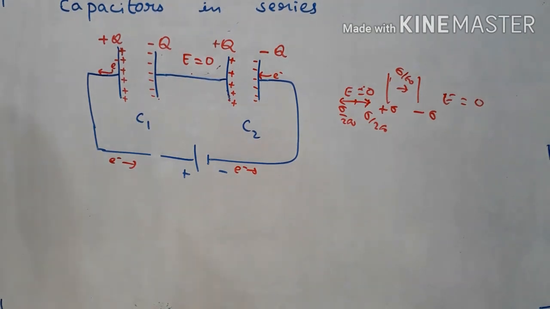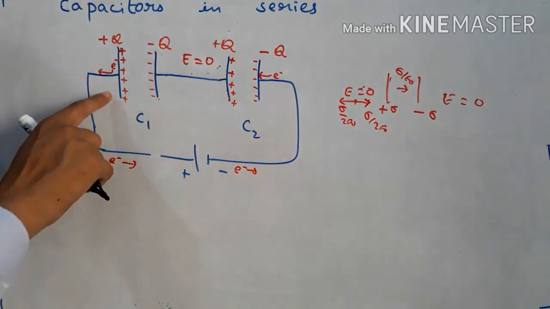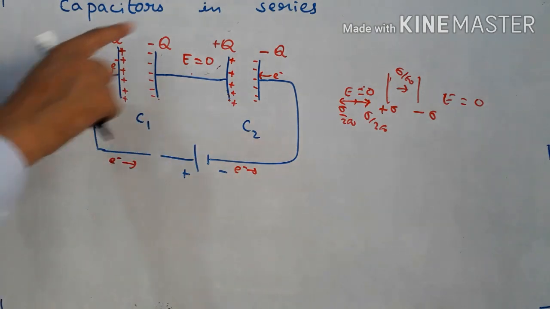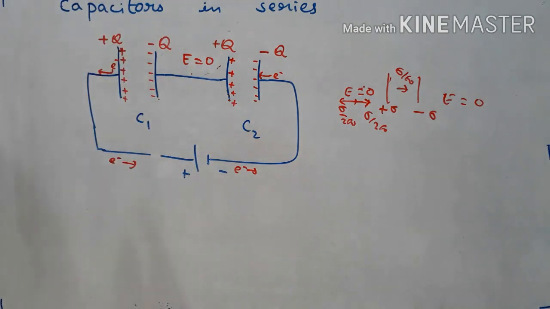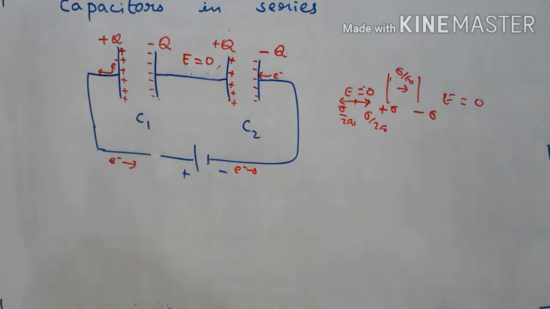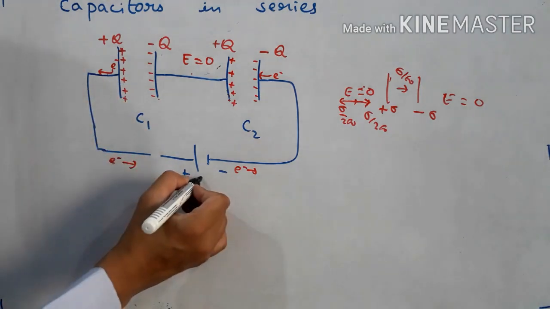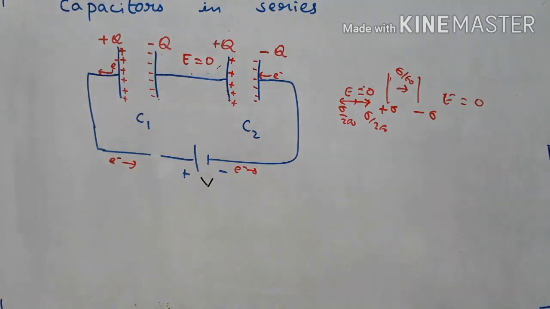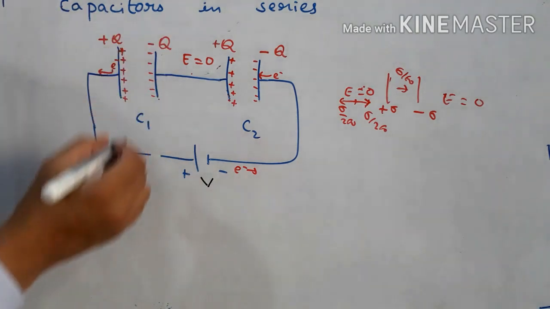So what do we find? That in series combination, charge on each of the capacitor is same, Q, Q. Remember, net charge is 0, but we say this capacitor has charge Q. It is just a matter of terminology. Let V be the potential difference of the battery which we have used to charge these capacitors.